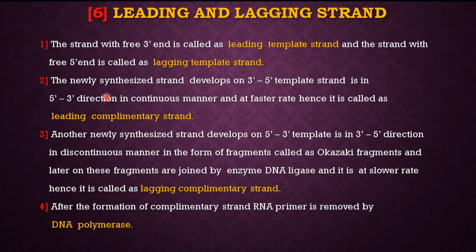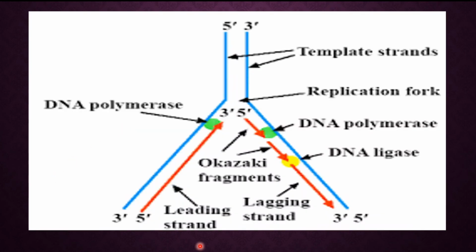Now the newly synthesized strand develops on the 3' to 5' template in the 5' to 3' direction in a continuous manner and at a fast rate. Hence it is called the leading complementary strand. Means what? The newly formed strand which develops on this leading template is always in the form of continuation. Can you see from the diagram?